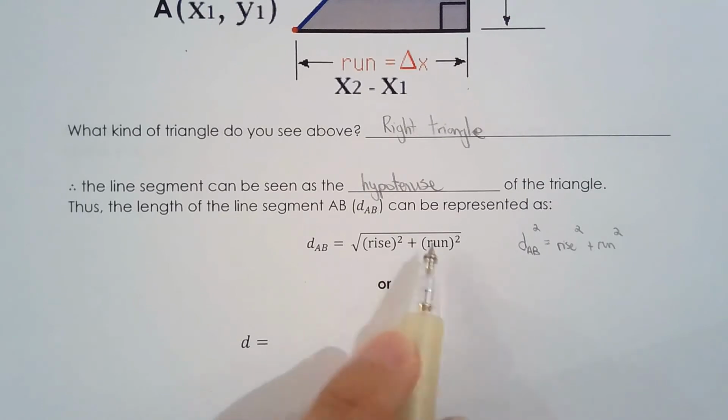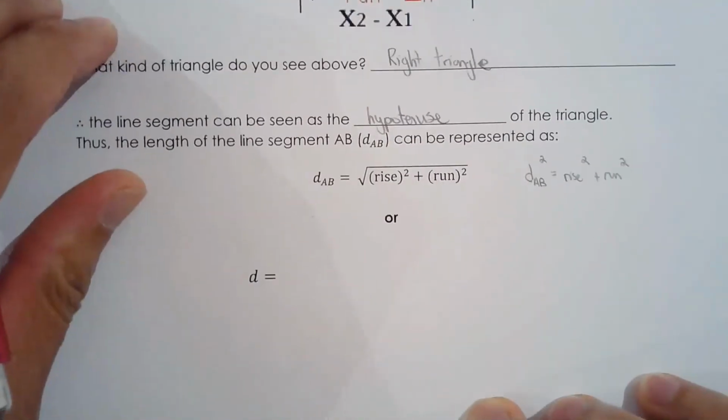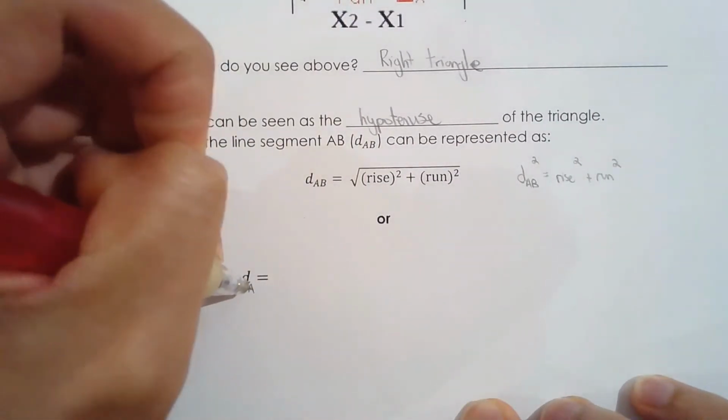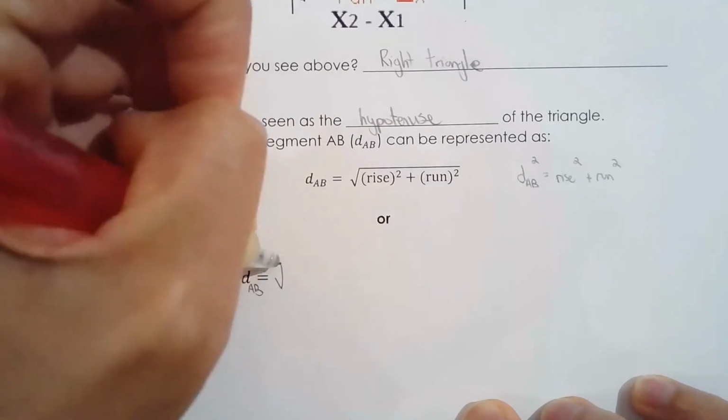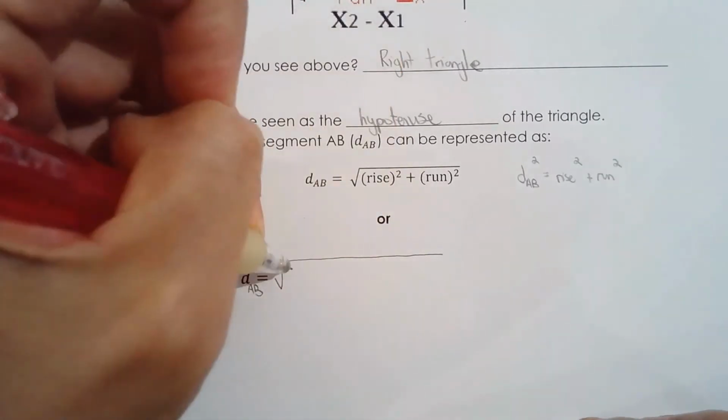In fact, we're going to take this one step further. The length of the line segment AB is equal to the square root of, well, what is the run and what is the rise?